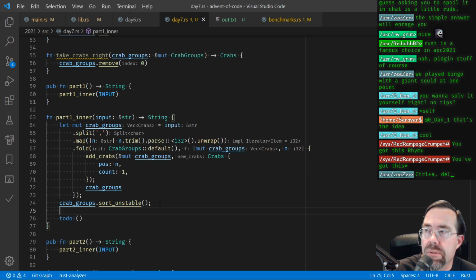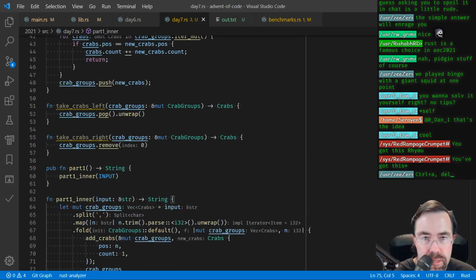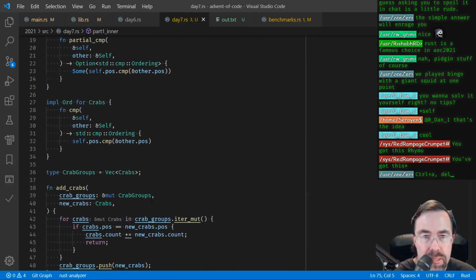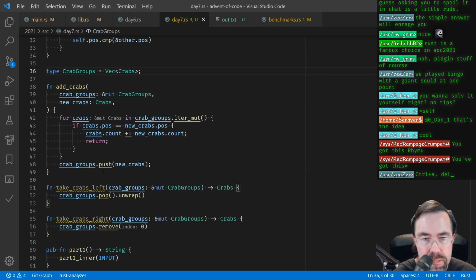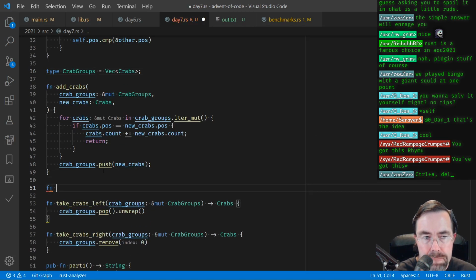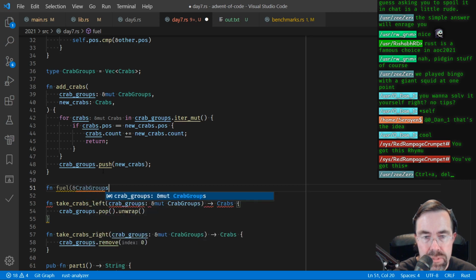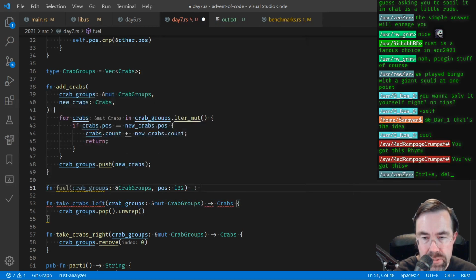Just have it recalculate the fuel every time and just walk through it. I guess we'll start with that. So then I'll want a method on this, or just a function, I guess. Fuel, given crab groups and a position. I-32, right? Returning an I-32.